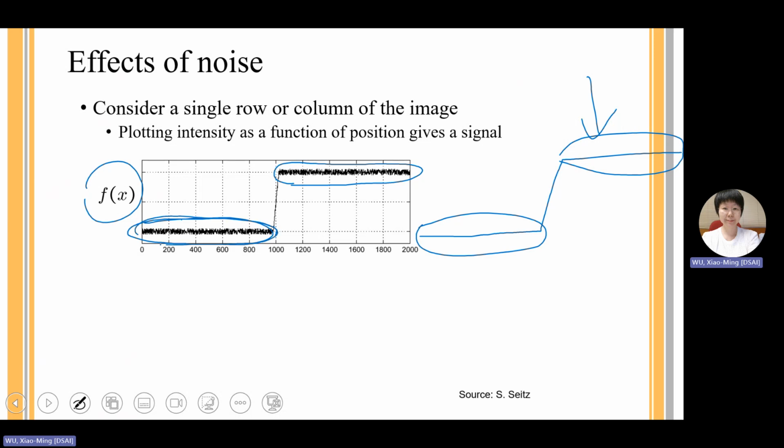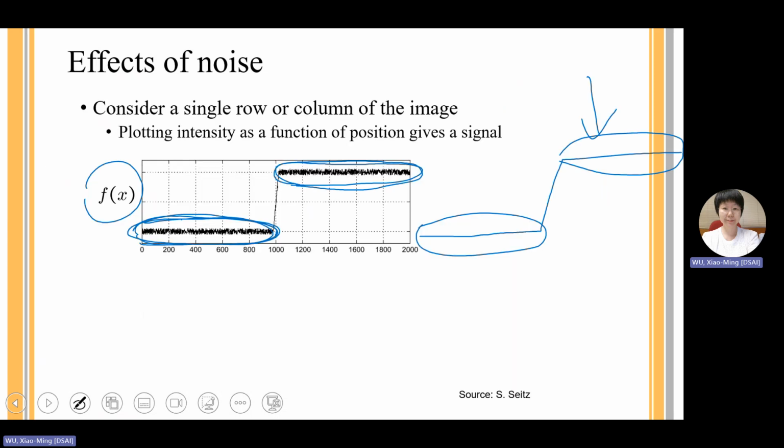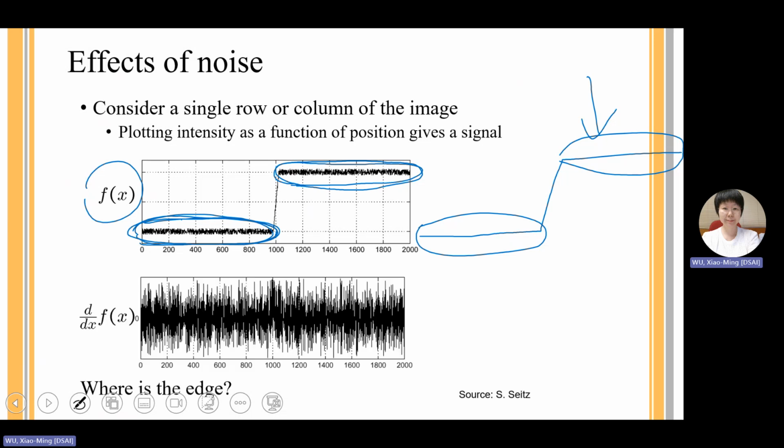Those small variations can be detrimental, because when you take the derivatives, you see the problem here.